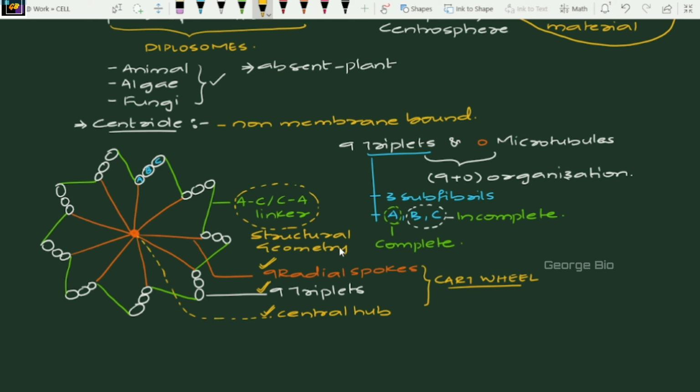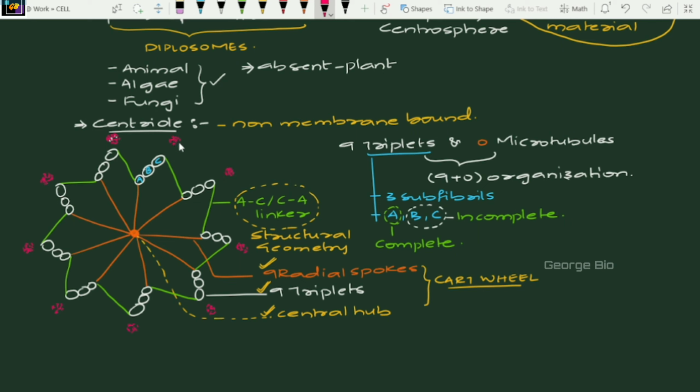Apart from this, to the peripheral side of each triplet, certain amorphous material is present, and this amorphous material, present towards the peripheral side of all the triplets, is called maculae, or else it is also called pericentriolar material.